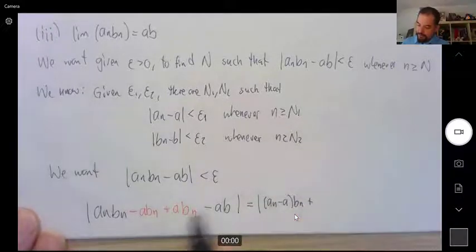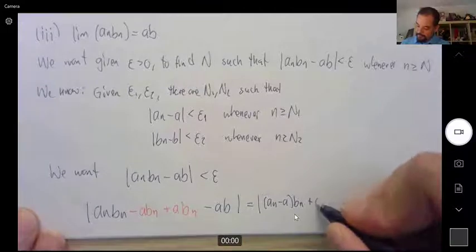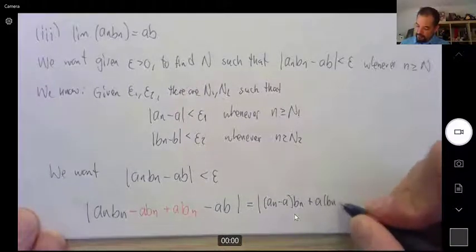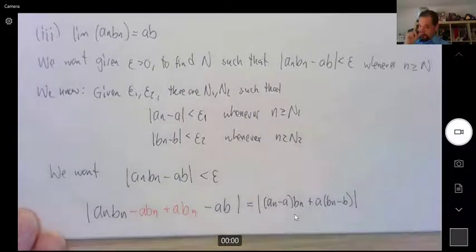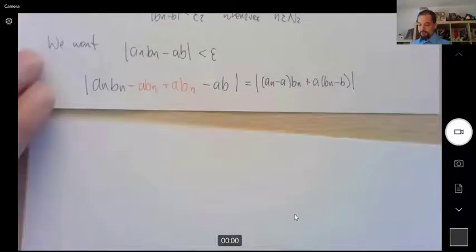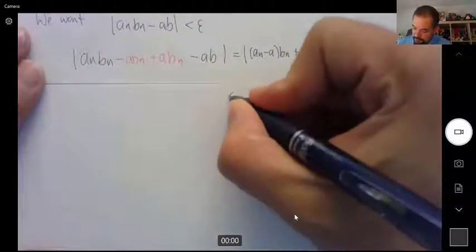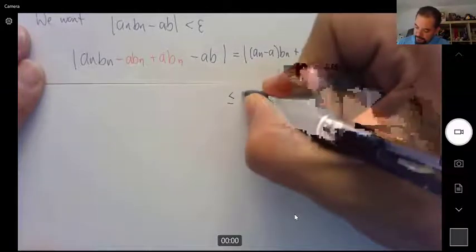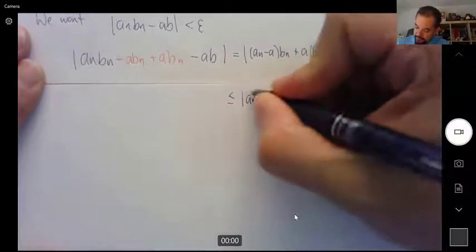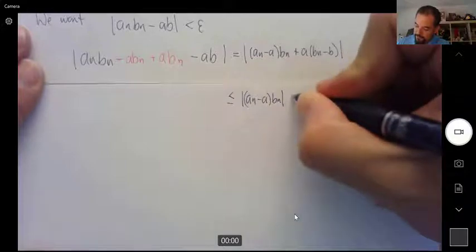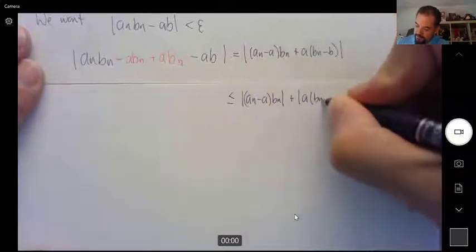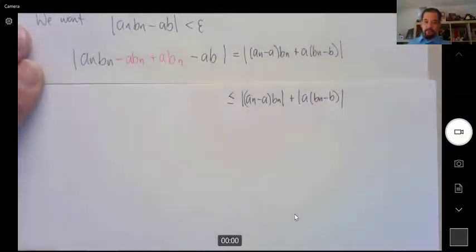And the last 2 have in common A. So that's A times BN minus B. And then I can use the triangle inequality. So from here, this will be less than or equal to |AN minus A| times |BN| plus |A| times |BN minus B|, right?